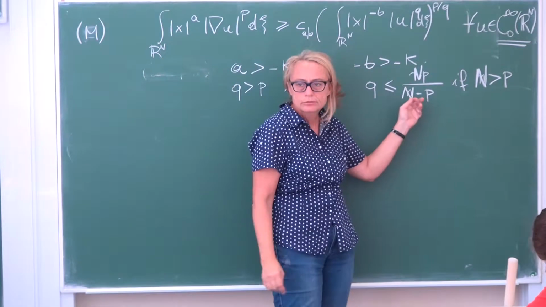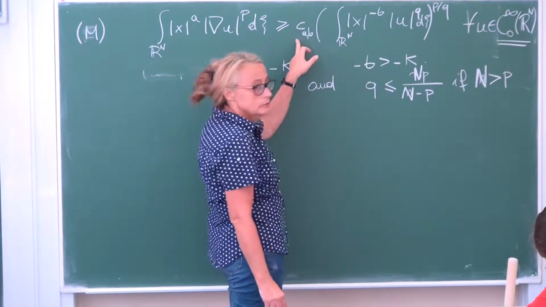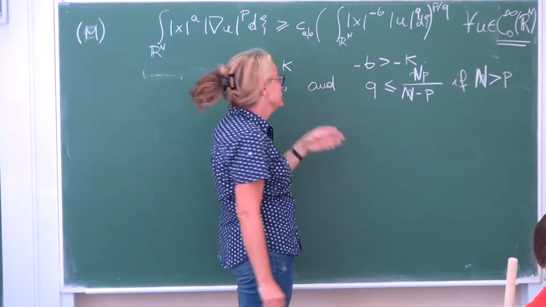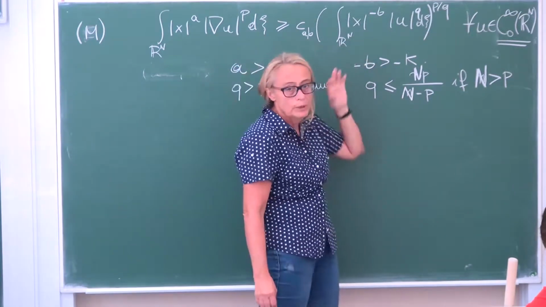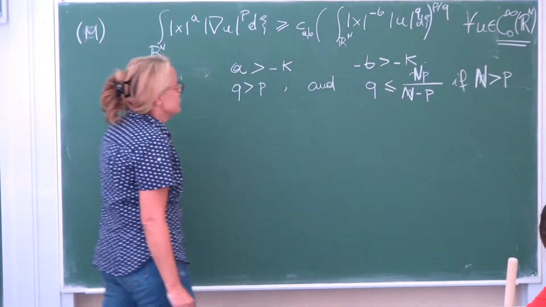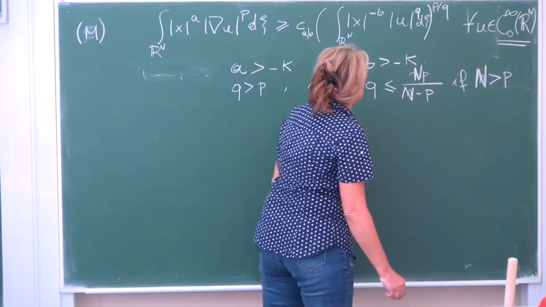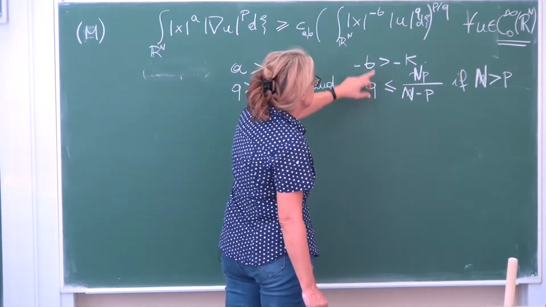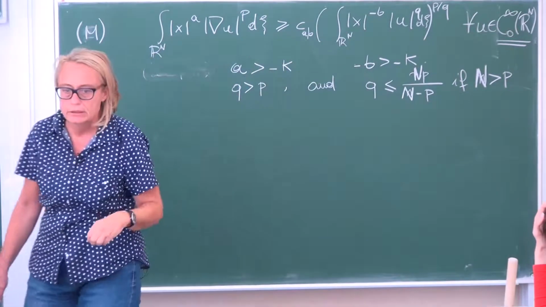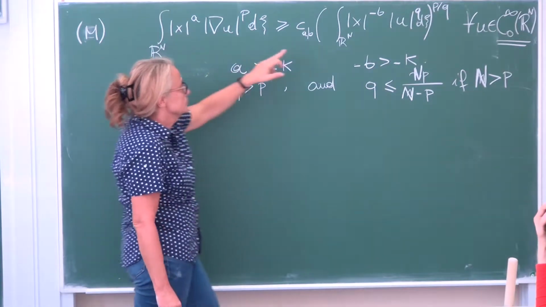Is it clear to you why this is essential to hope to have a positive constant here? Because that is totally independent of the presence of the weights. When q is greater, you can take functions u and concentrate them in points where the weight is not 0.